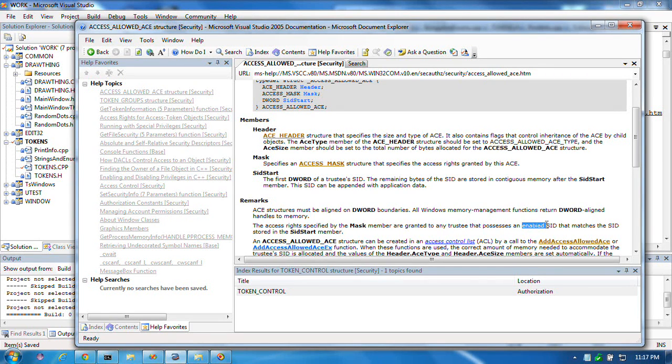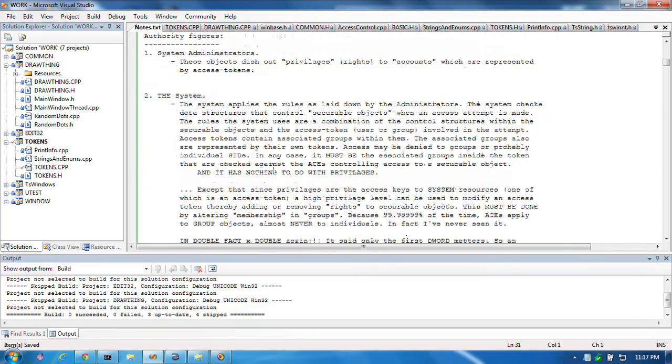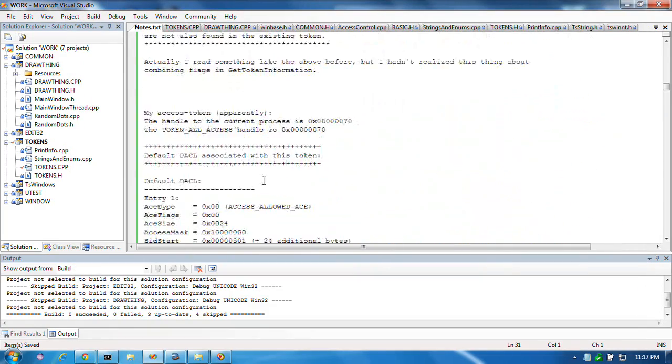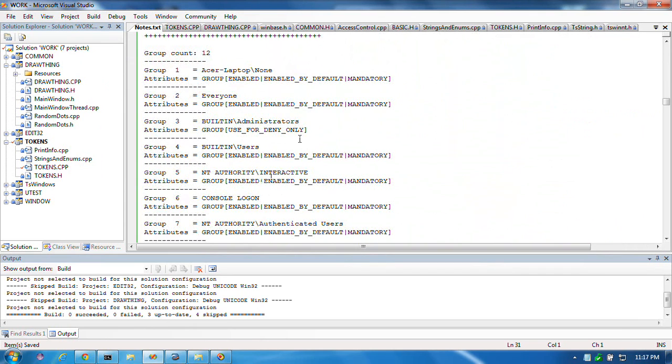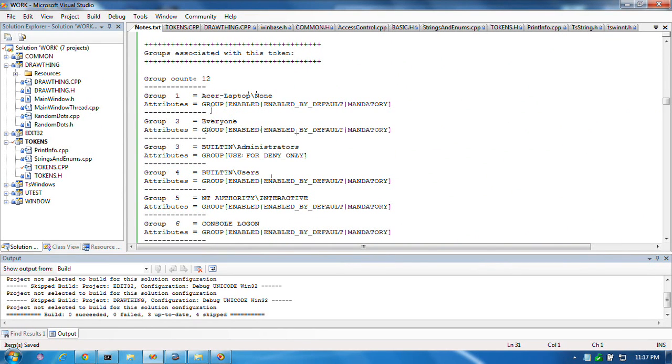Now I believe that all you can have is an enabled SID or that deny thing. There's no disabled, I think. Look at my list. Do I have anything else disabled besides this?